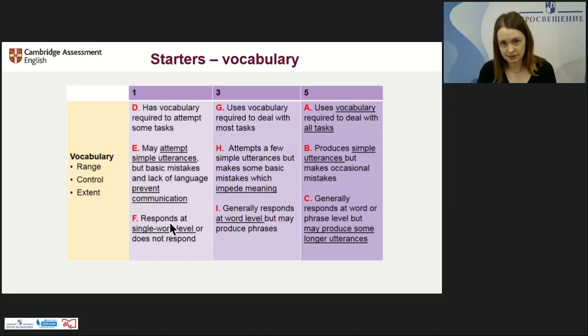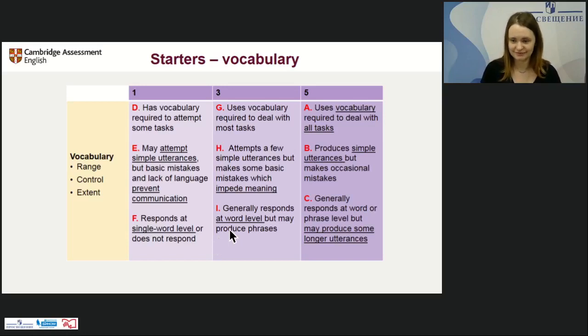Single word, still a 1. There's something I should mention, probably I haven't mentioned it before, that it's really not a pass-fail system. So as soon as they're trying to produce something, it's still going to be at least 1 point.